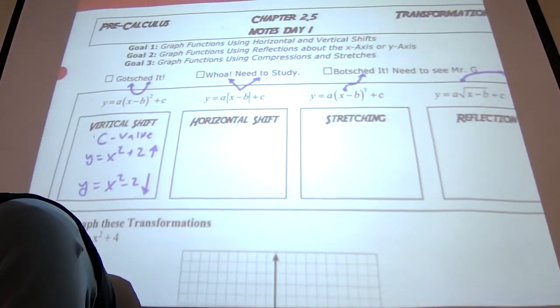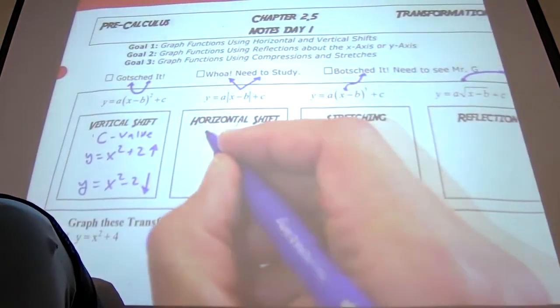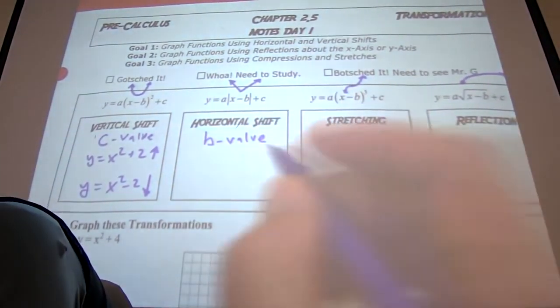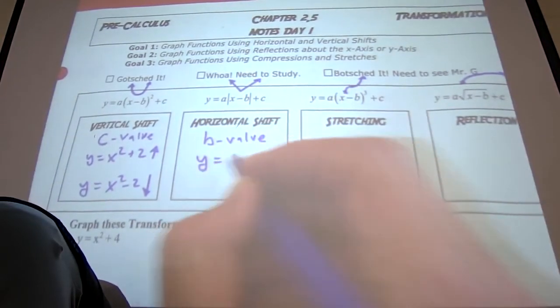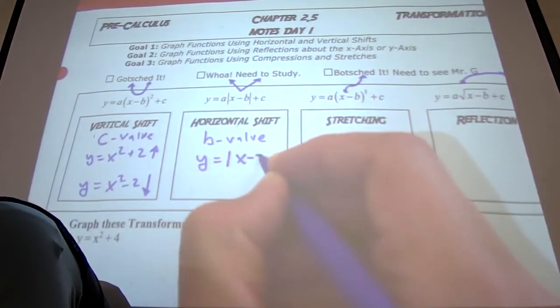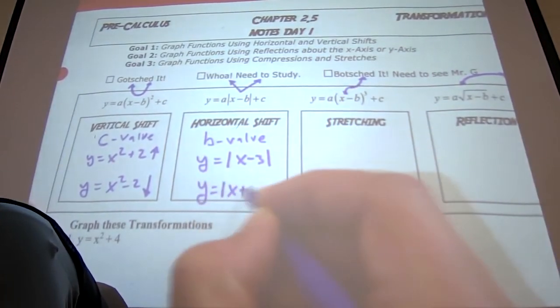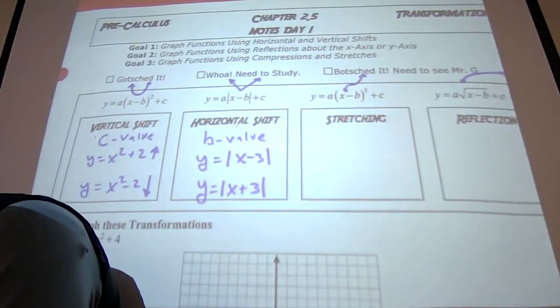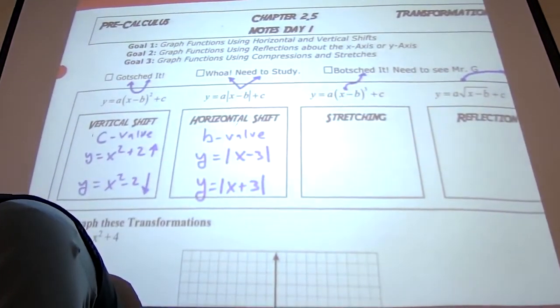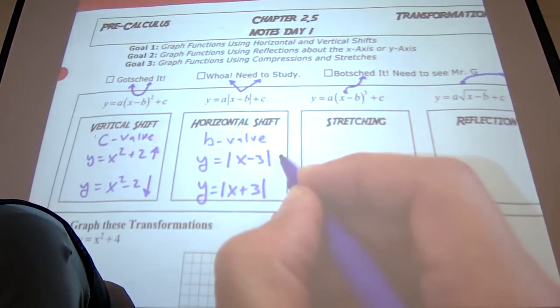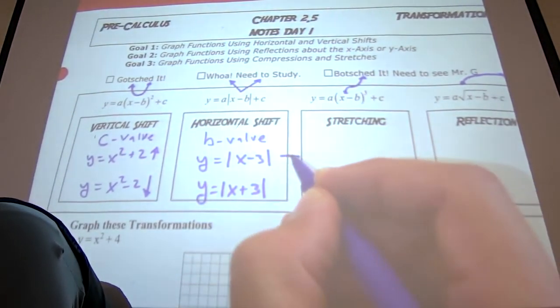Now the horizontal shift, that's the b value. So for example, if I have an absolute value function, I have the absolute value of x minus 3. Or if I have y equals the absolute value of x plus 3. This one actually does opposite of what you see. So if you see x minus 3, this one actually goes to the right.